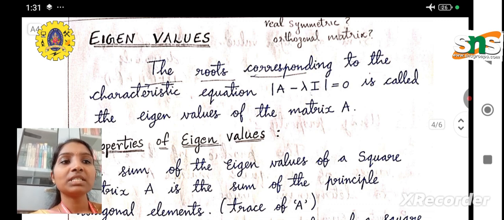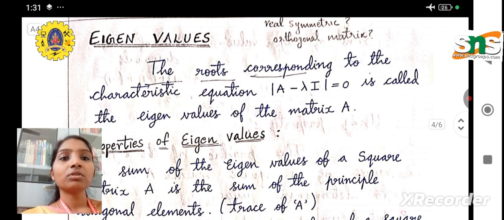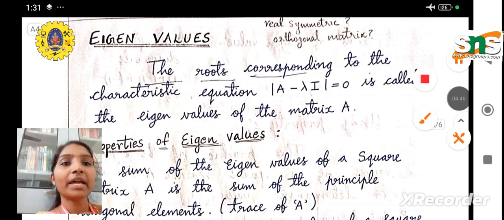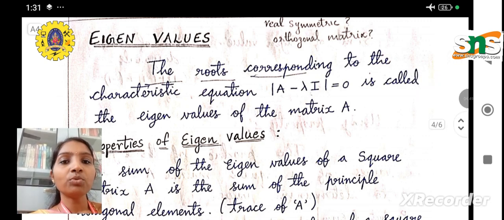Therefore, those lambda which corresponding to the characteristic equation are called the roots of the characteristic equation, and those values are called the eigenvalues of the given matrix A. So the eigenvalues can be found using the characteristic equation, and that is why we have learnt it earlier. These eigenvalues form the base for the matrices and calculus here. The roots corresponding to the characteristic equation determinant of A minus lambda I is equal to 0 is called the eigenvalues of the given matrix A.